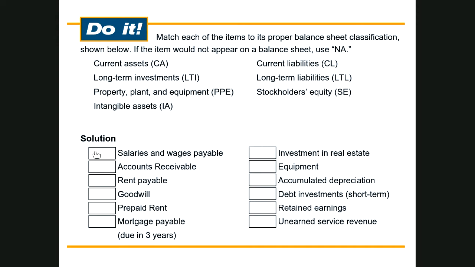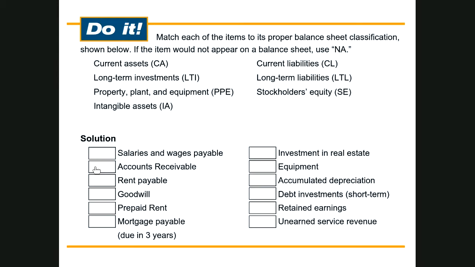Very good. Ms. Ala, accounts receivable. Where would you put it? Accounts receivable, the money that I will receive in a short period of time. Yes. It is current assets. Very good.